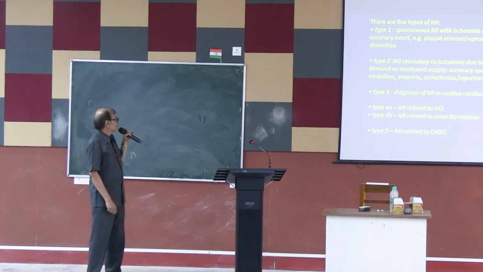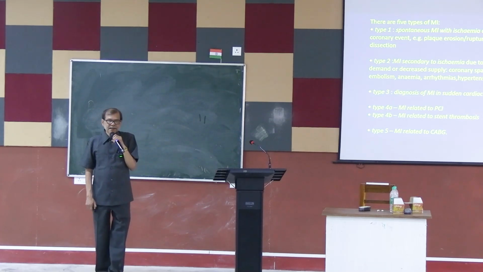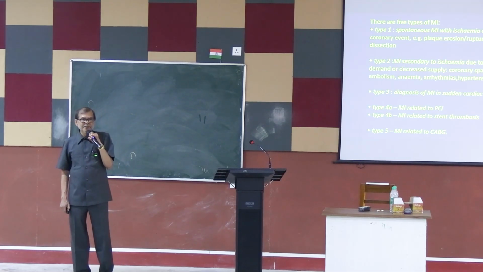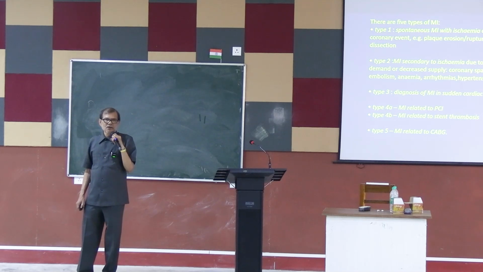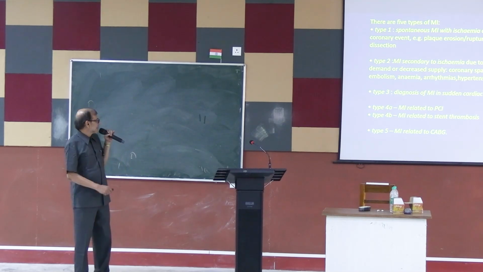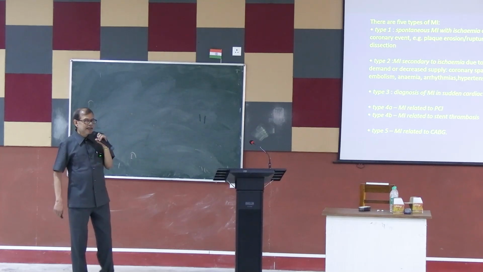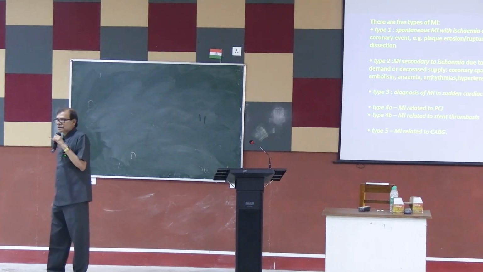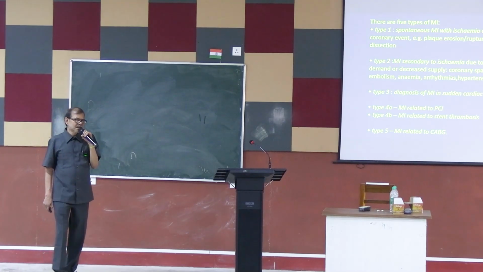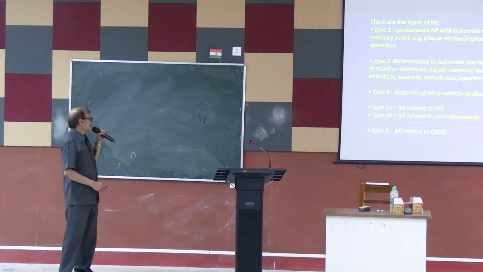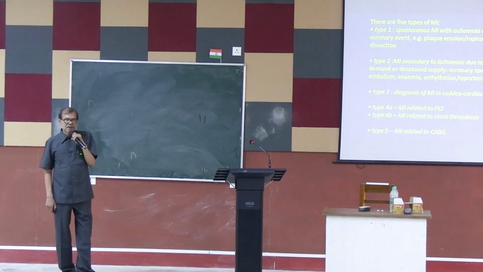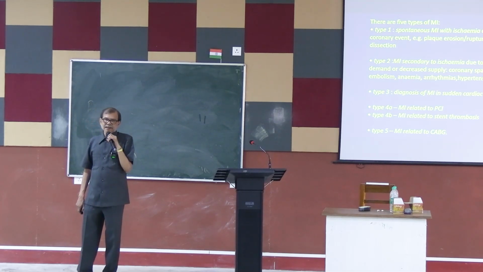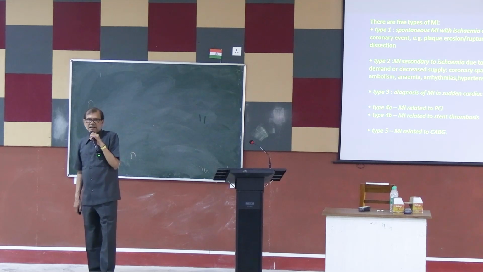Type 3, diagnosis of MI in sudden cardiac death. Often a stable patient, usually of younger age group, everything was fine, and in the morning is found dead. This is type 3. Type 4A, AMI related to PCI, that is infarct related to the procedure of percutaneous coronary intervention. 4B related to stent thrombosis, and 5, that is AMI related to CABG, coronary artery bypass graft.